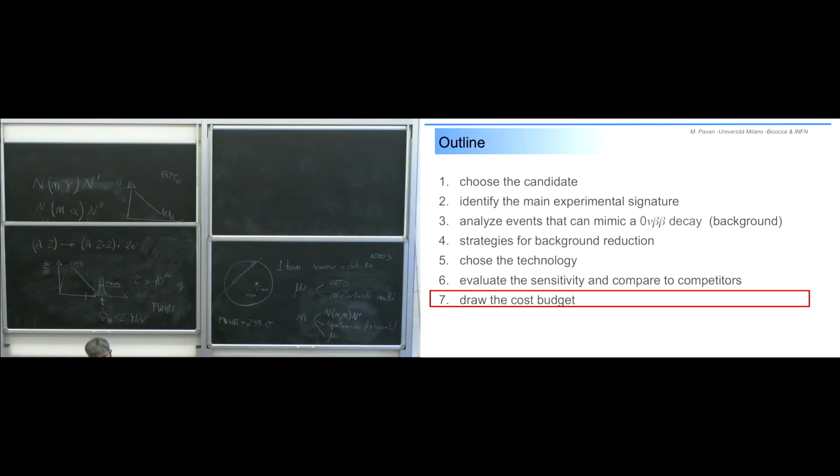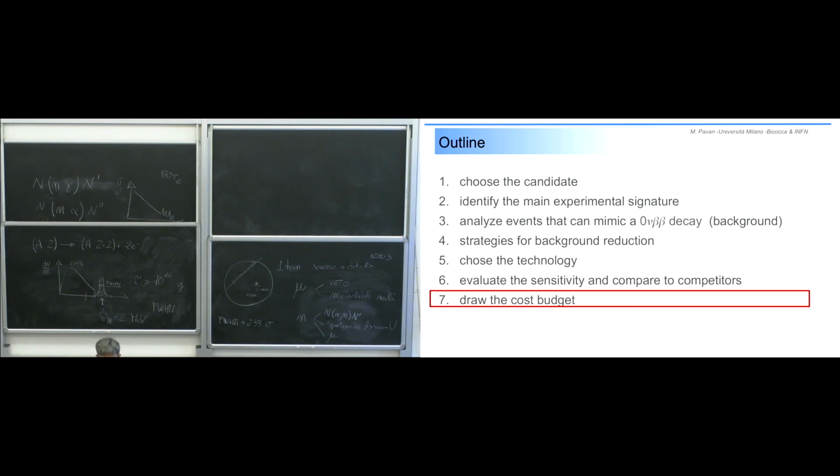But it's not that tail. So in most cases, for example, for xenon, there are next generation experiments that are planned, and they do not have an important contribution from the 2 neutrino.